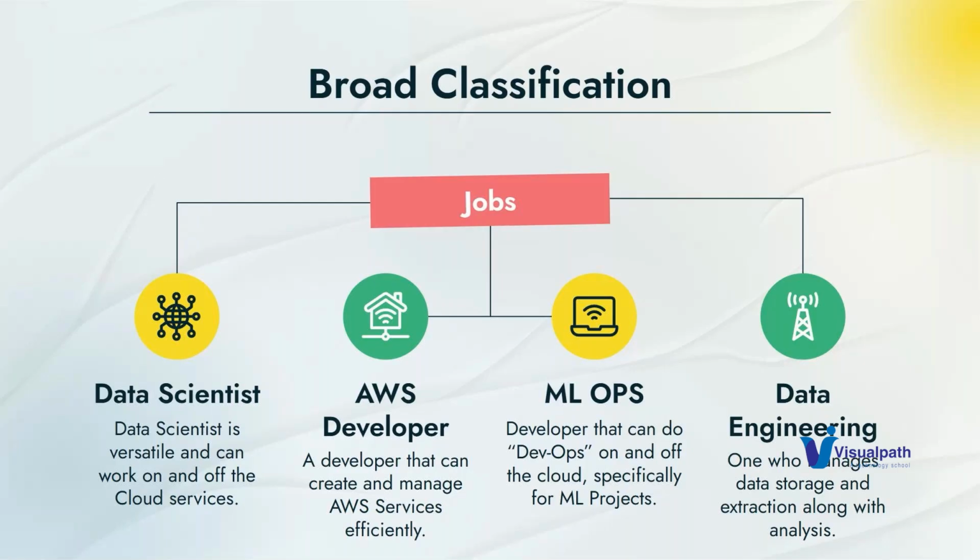Data scientists do not basically care where the data is coming from, as long as the data is available to them. On the flip side, there are data engineers who basically manage, store, and extract the data, and in some cases also do some sort of analysis as well.